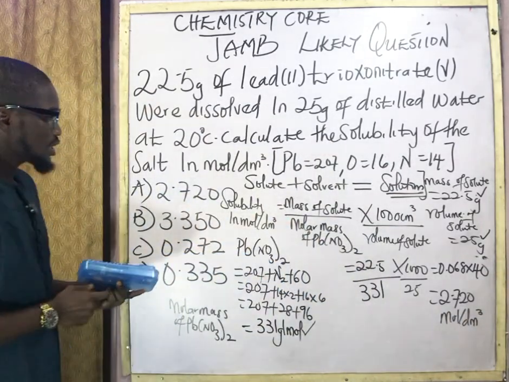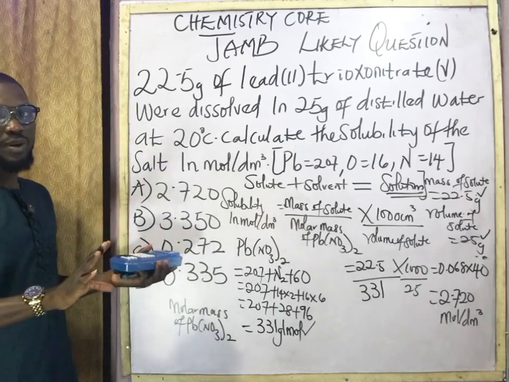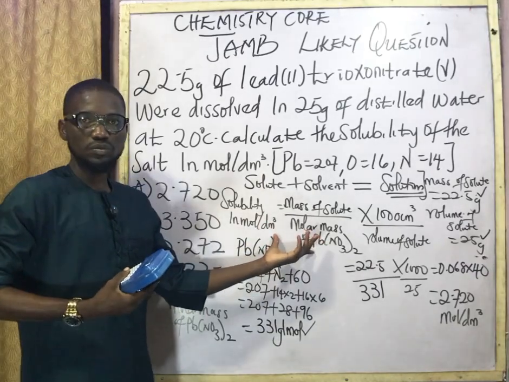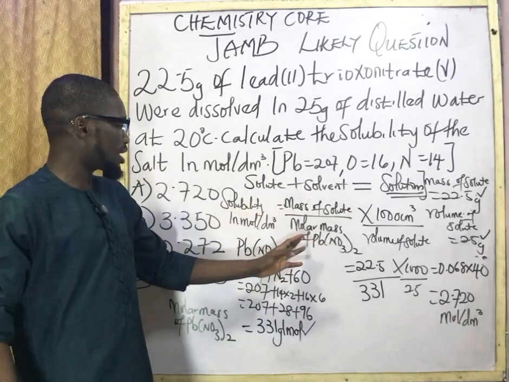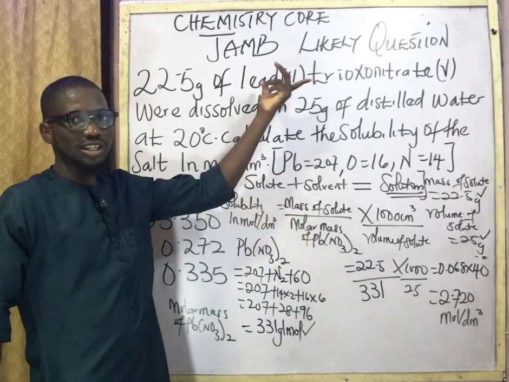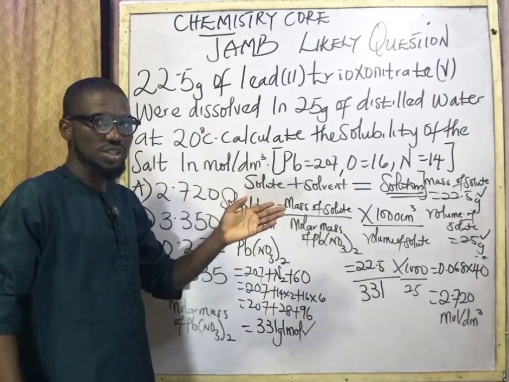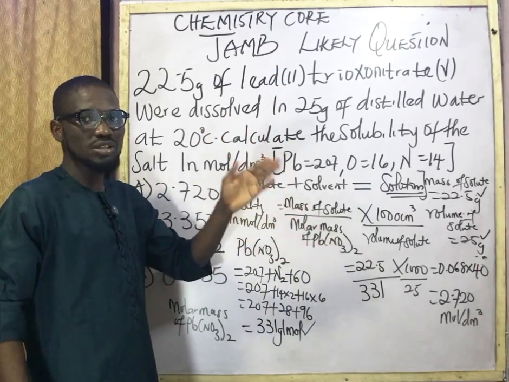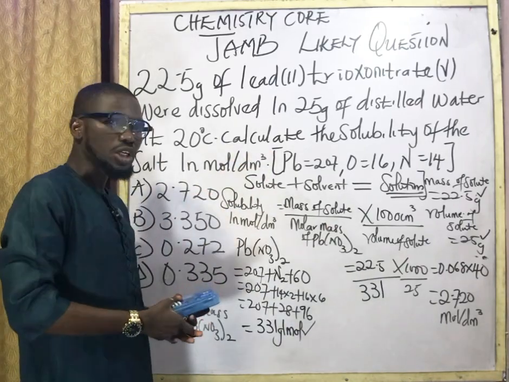So guys, if you came across this type of equation, you don't have to panic. Are you with me now? The formula to use is this. Irrespective of the molar mass given to you, I make use of molar mass of this because it is stated in the question. You can use the formula mass of solute divided by molar mass multiplied by 1000 cm cube over volume of solute.